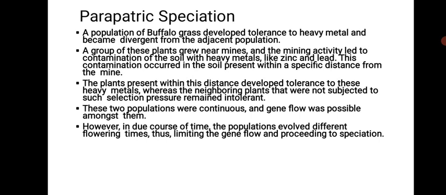The plants present within this distance developed a tolerance to these heavy metals, whereas the neighboring plants that were not subjected to such a selection pressure remained intolerant. These two populations were continuous and gene flow was possible amongst them. However, in due course of time, the populations evolved different flowering times, thus limiting the gene flow and proceeding to speciation.